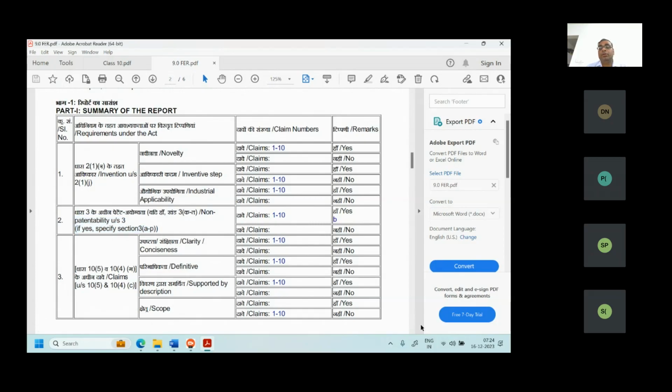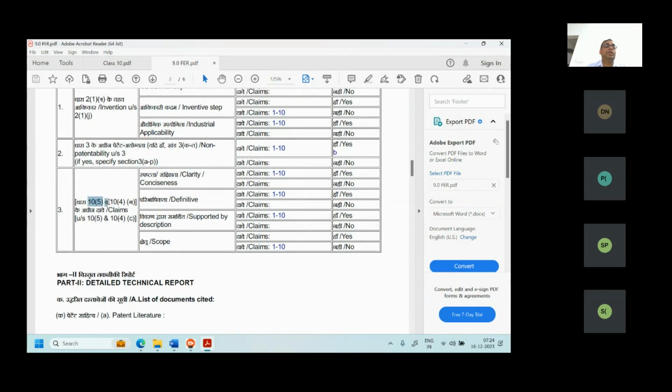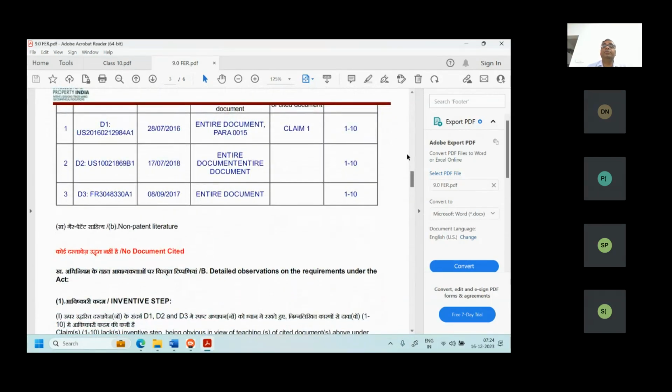Okay. Then comes section 10 related questions, 10.5 and 10.4, basically, under which clarity, conciseness, definitiveness, and supported by the description and the scope is checked. Then the detailed technical report is here.